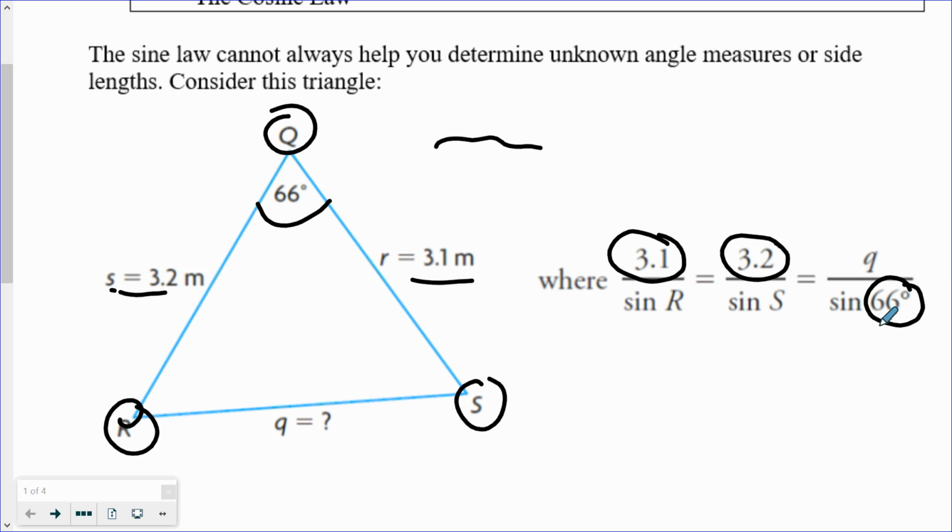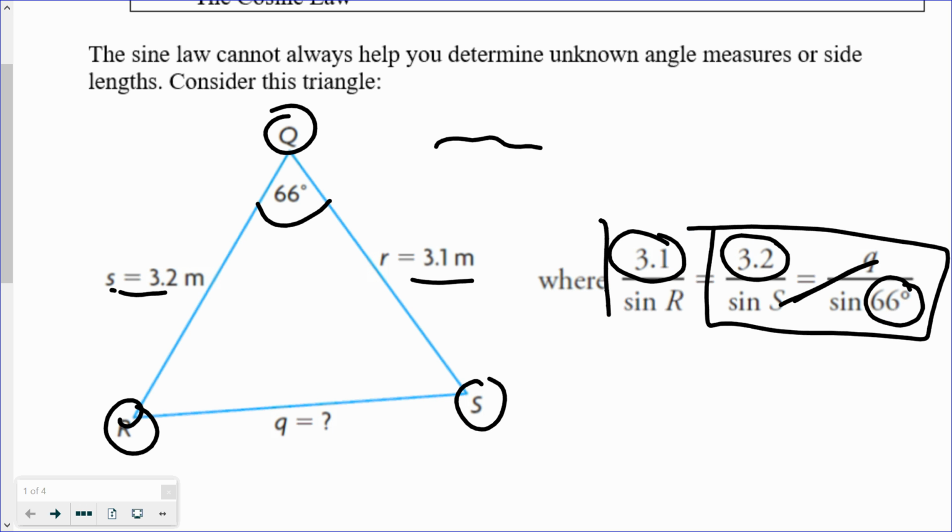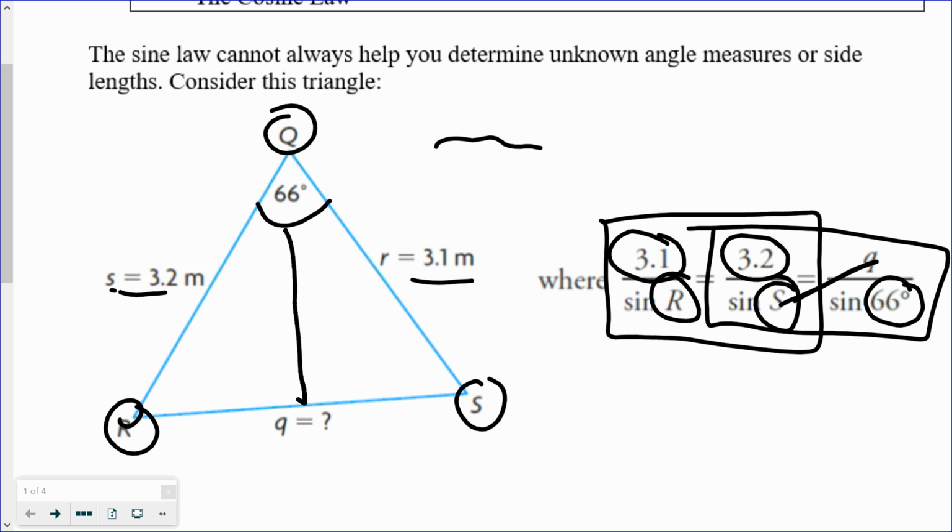No matter what we pick, we have two unknowns. So we can't rearrange to solve when we don't have the side that's opposite the angle that we know. When we don't have side length Q, we can't actually do anything.